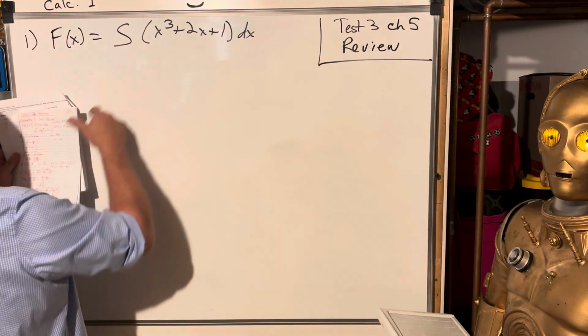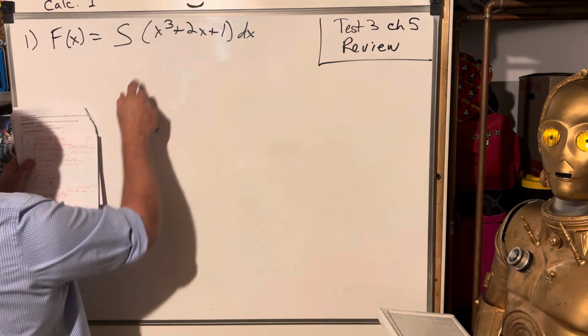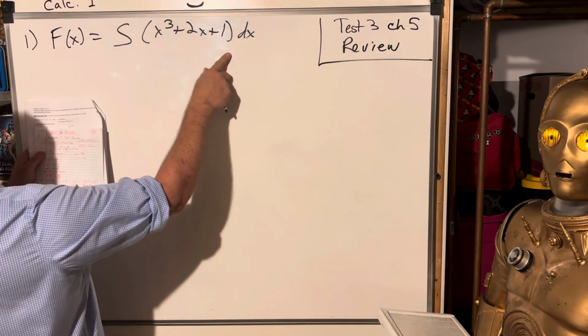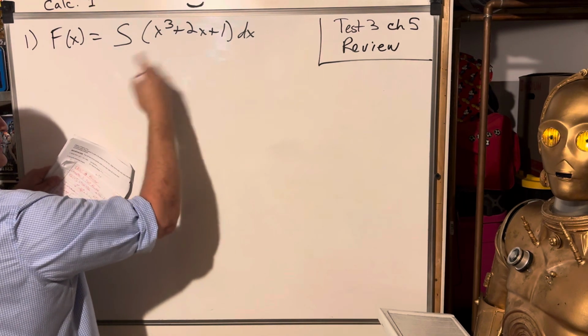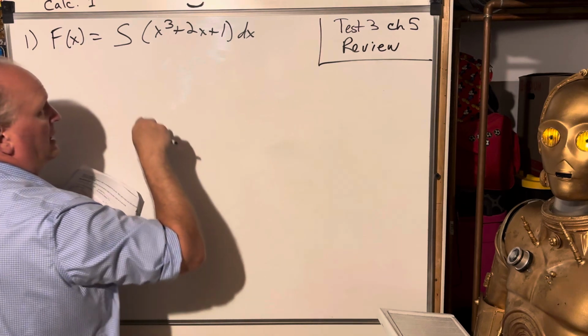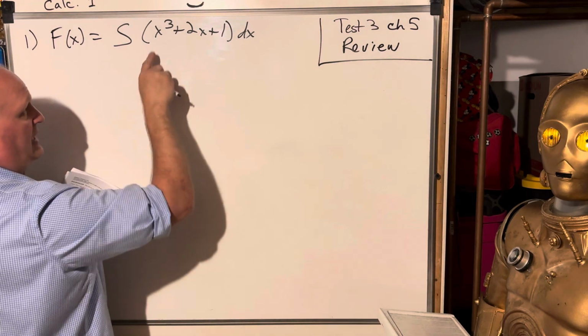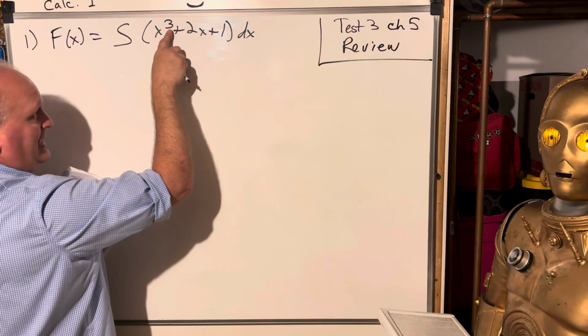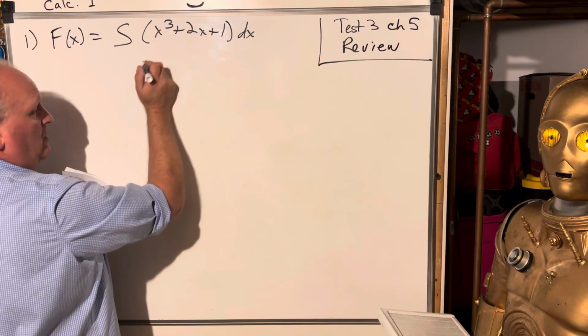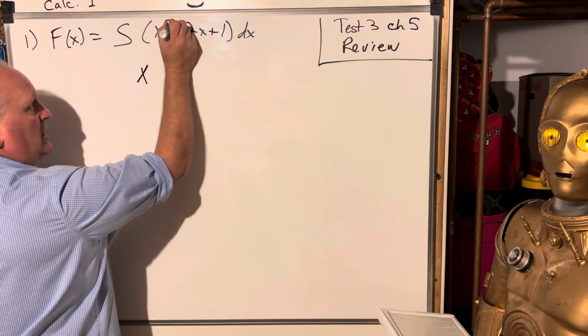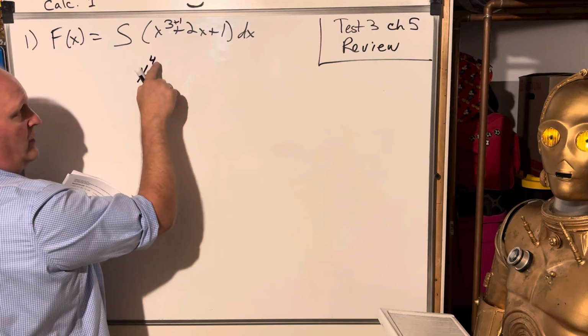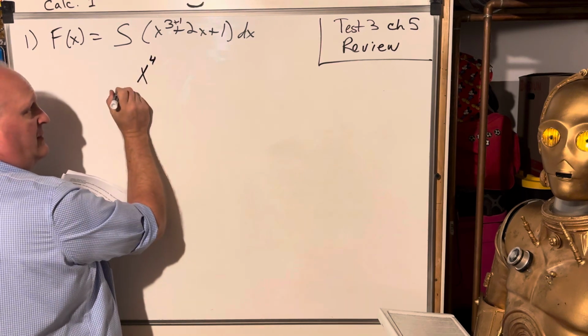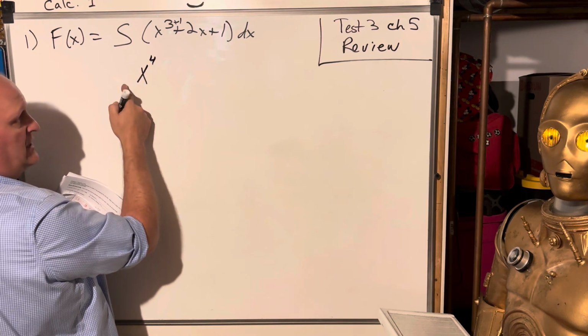They want us to find f of x, so do the antiderivative of that. Remember how antiderivatives work. Hopefully by this point, it's kind of second nature. So you're adding 1 to the power. So that's 3 plus 1, so that's 4. And then whatever that is becomes the reciprocal as the coefficient.